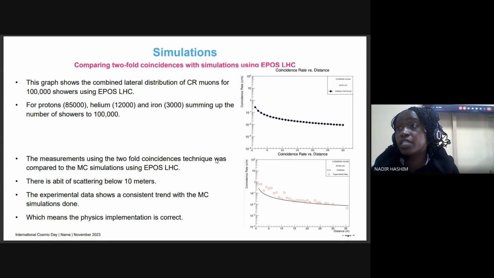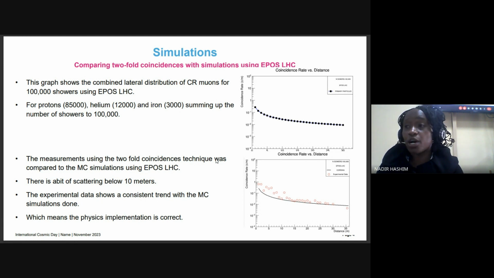When we use the Apple's LHC for the simulation, above there you can see the graph showing a combination of the simulation. As you have heard, we have 85% protons, 12% helium, and then ion 3%.